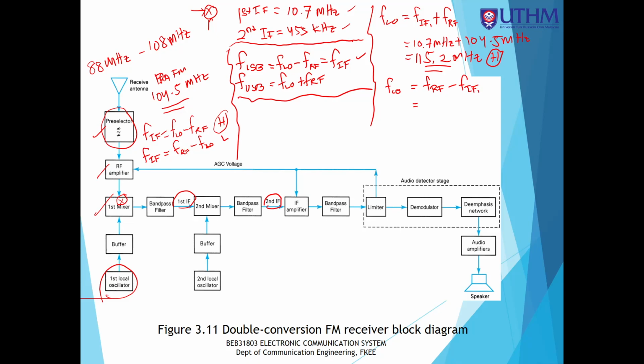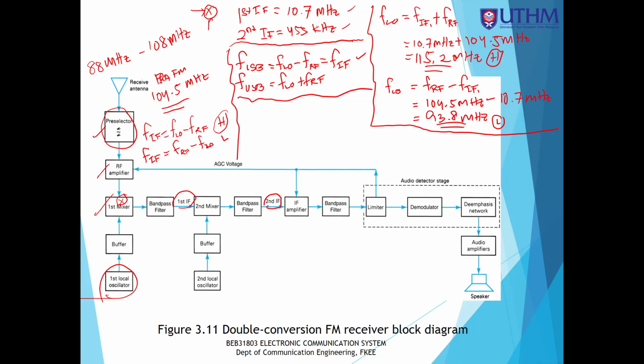So this is equal to 104.5, the radio frequency that I want to listen to, minus the first IF of 10.7 megahertz. So I need a local oscillator frequency of about 93.8 megahertz. So this is a low side injection.